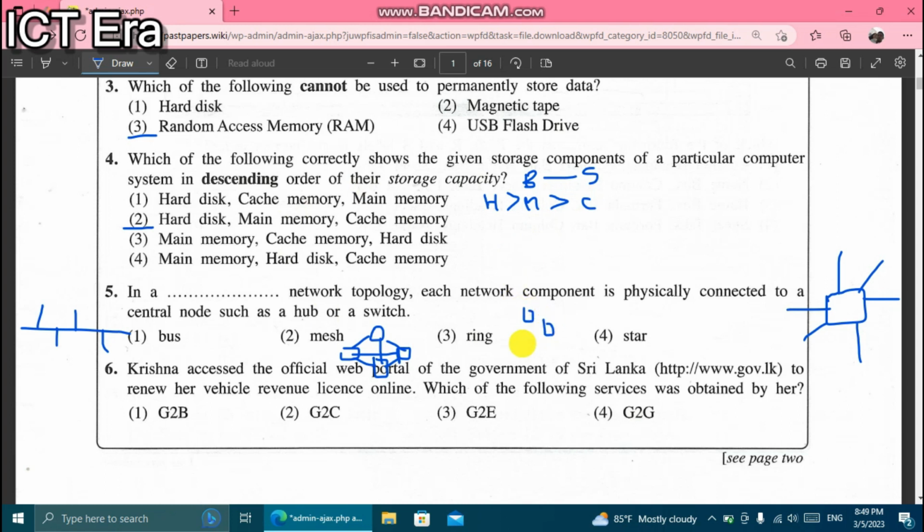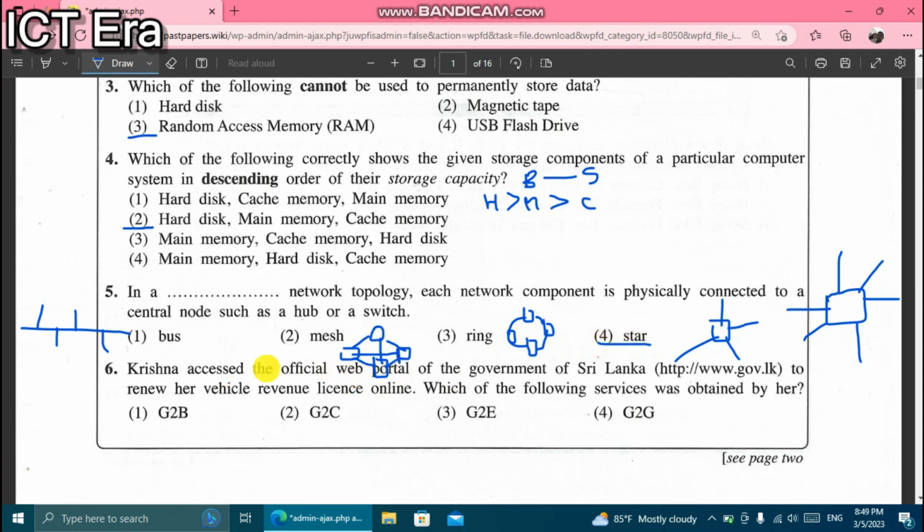The components are in a ring manner. Then the answer is fourth one, star topology. In star topology, the centralized network components are connected to a hub or a switch. So fourth one is the answer.